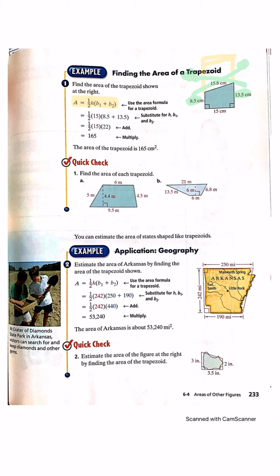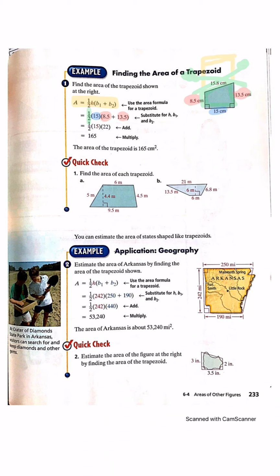So base 1 is 8.5, base 2 is 13.5. The height is going to be 15. And then, of course, so that we only have this figure right here, we are going to multiply by half.